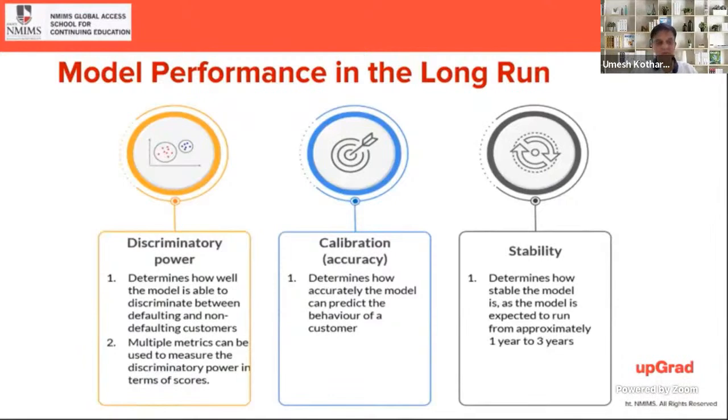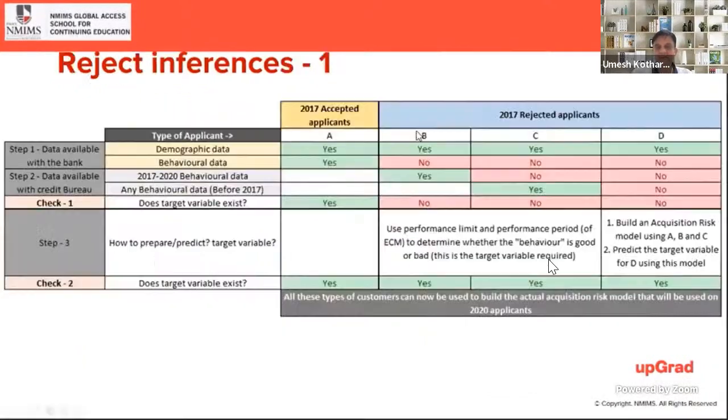But if every time you introduce a new variable the whole thing shakes up, then it's not a stable model, even though it is calibrated and even though the model has discriminatory power. So: discriminatory power, calibration, and stability.